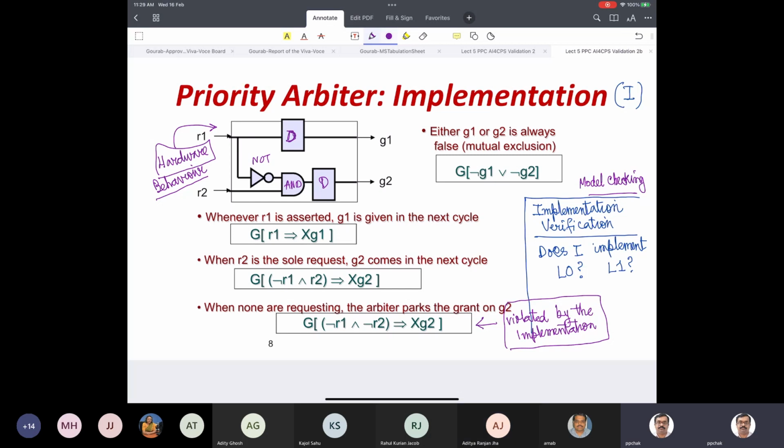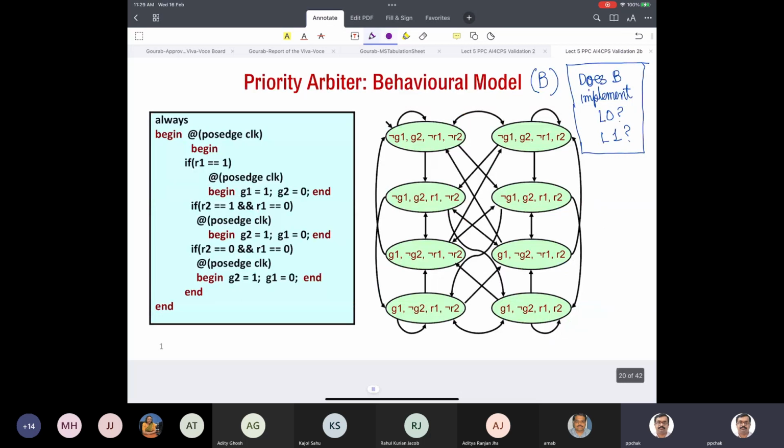Now I need not have implemented it in hardware. I will write, say, a C program, which is a behavioral program. So I'm giving you an equivalent of a program. This is written in a hardware description language called Verilog. It says always at the positive edge of the clock; always means this is an infinite loop from the beginning to the end of the always block.